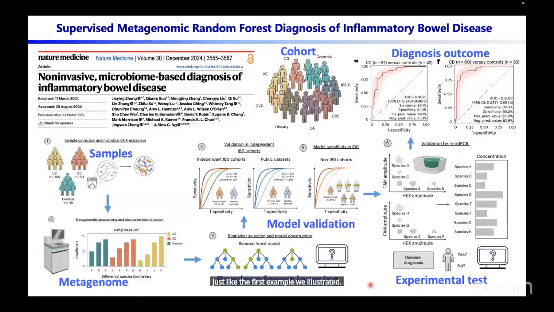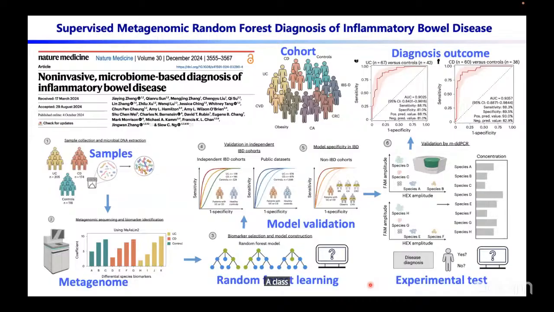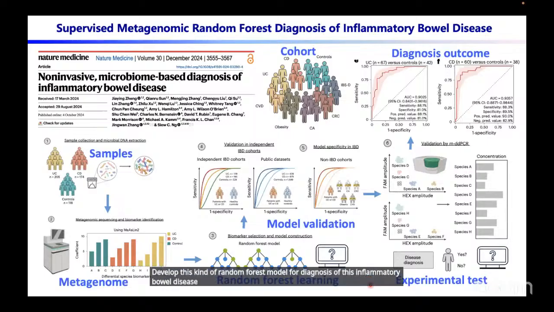So in this second case, a machine learning model is very helpful because it can deal with this kind of complex combination that corresponds to the same disease class. So anyway, this is how they develop this random forest model for diagnosis of inflammatory bowel disease.